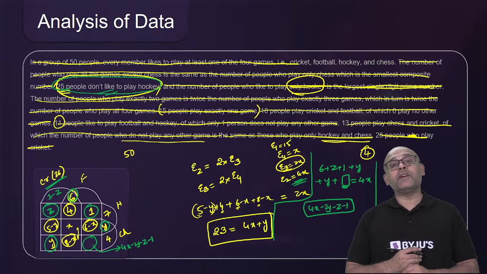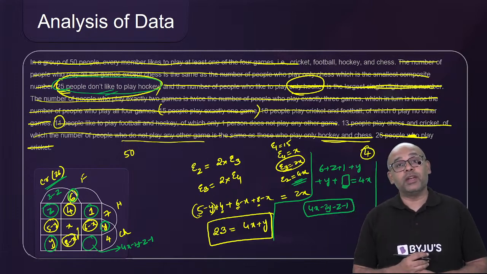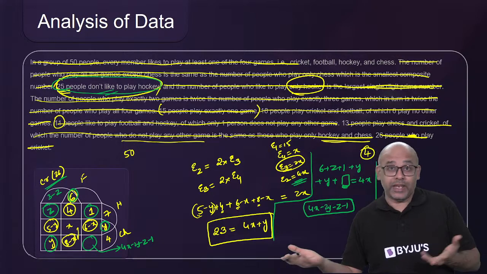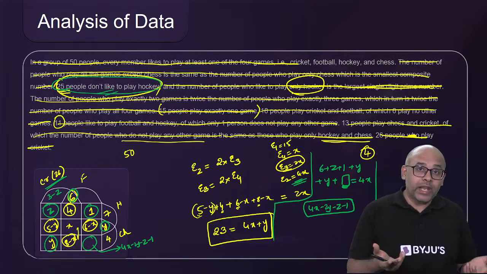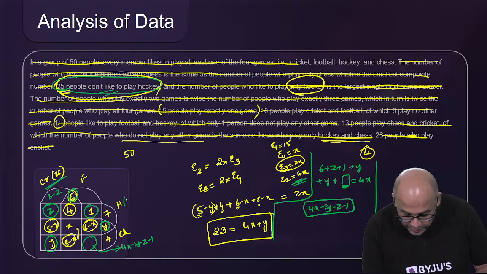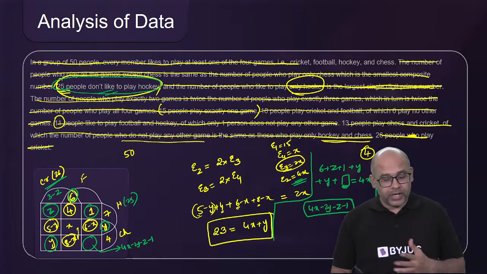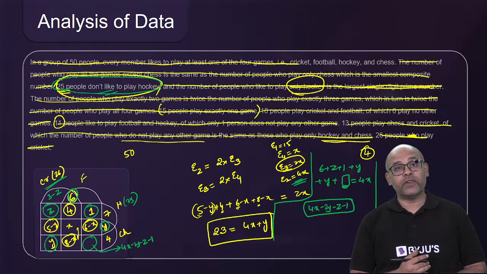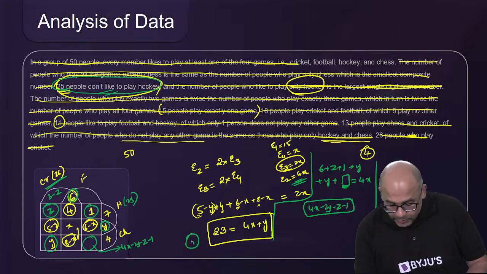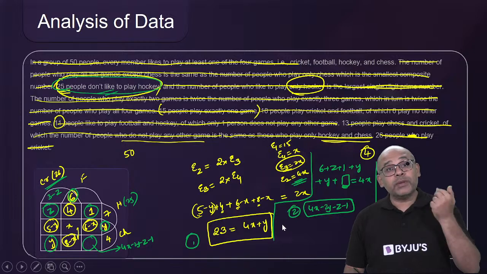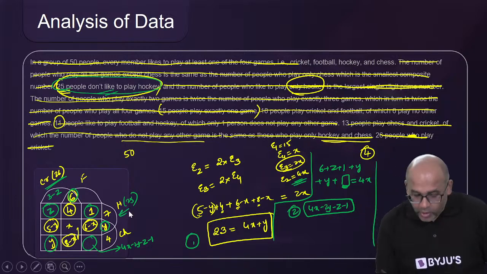So if 25 people don't like to play hockey, what does it mean? The others will like to play hockey. Total is 50. Out of the 50, if 25 don't like, the other 25 will like. So hockey is 25. So from here, you will start getting your equation of x, y and z. So you have three variables, x, y and z. So this is equation number 1. This is equation number 2. Where is my third equation? Third equation comes from hockey.